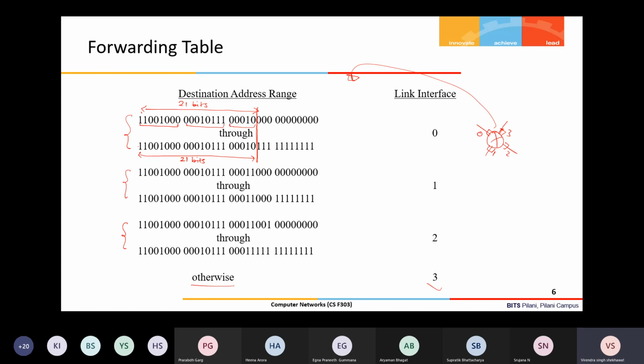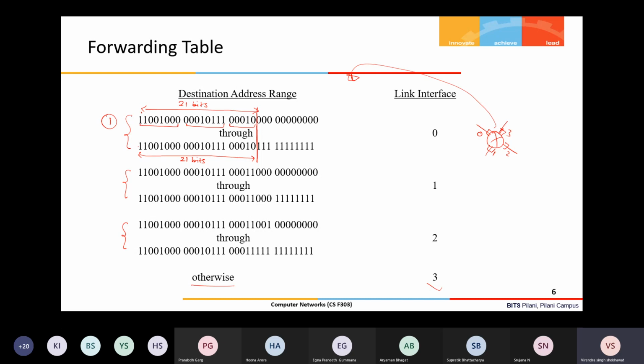So what we can do, in place of writing all these individual bit sequences corresponding to each IP address in this range, is enter just one 21-bit string in the router. That will be my one entry, which contains only 21 bits, because these bits are the same and the rest of the bits are different.